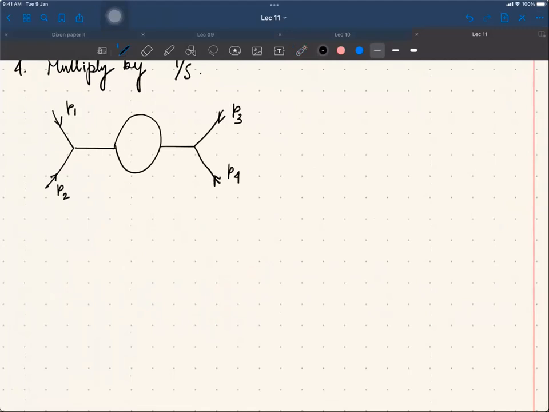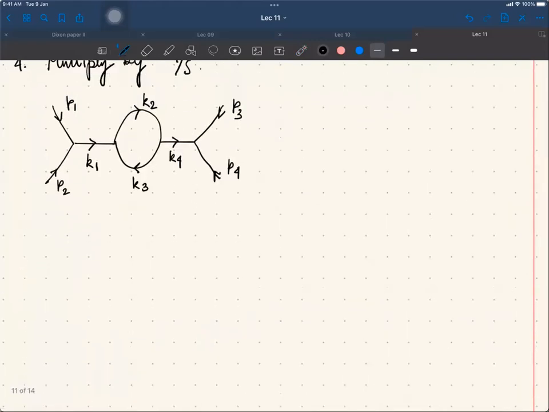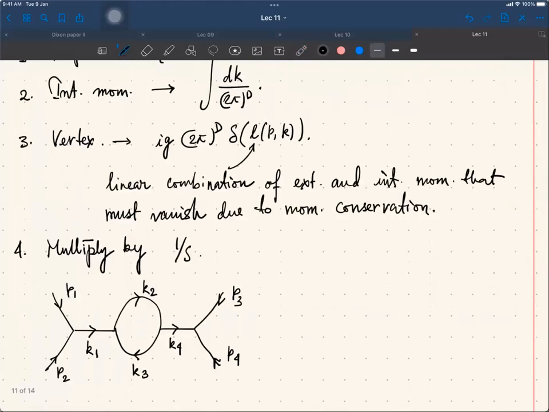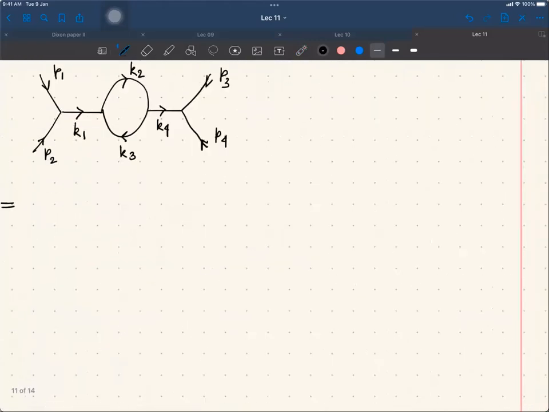But for the internal momenta, introduce new arbitrary momenta for each line: K1, K2, K3, and K4. Okay, so there are 4 internal lines.